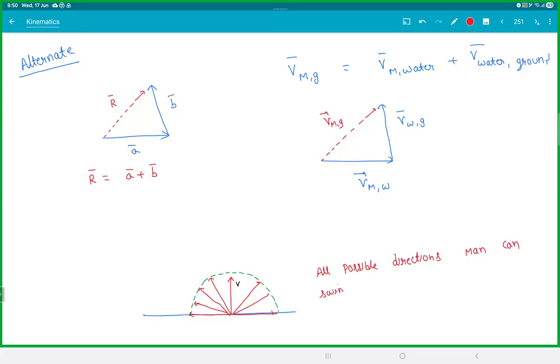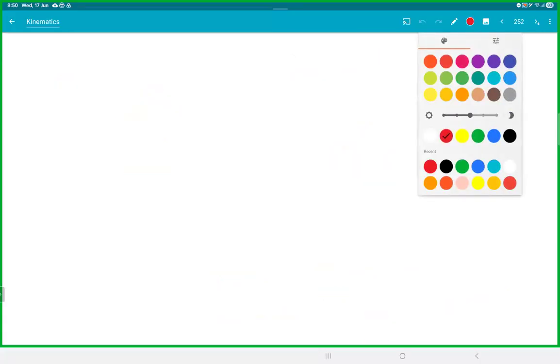And we can clearly see the heads of the vectors all lie on a semicircle. Perfect. That means among all these vectors, there is one vector which will give you the minimum drift. Right? So now see.